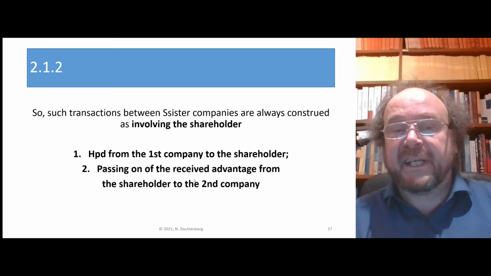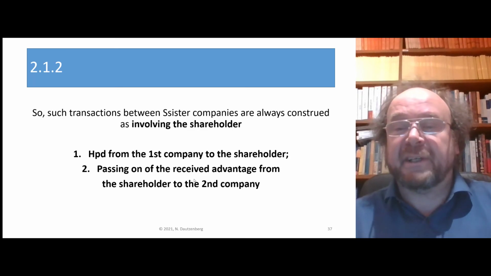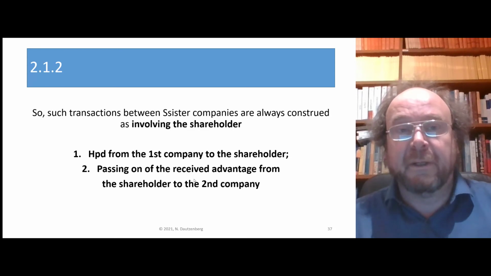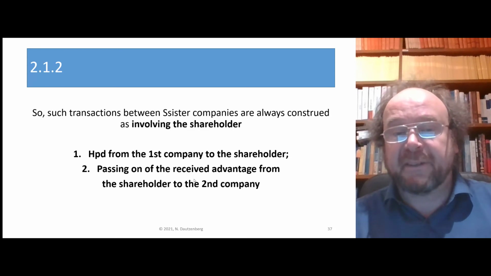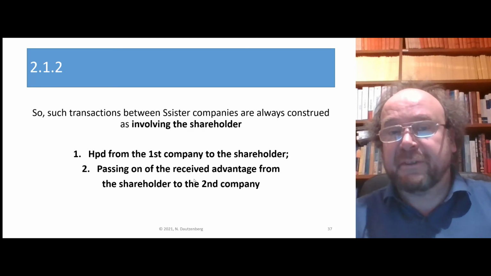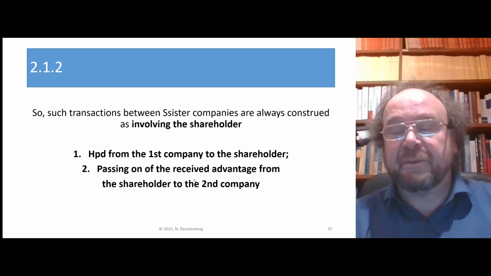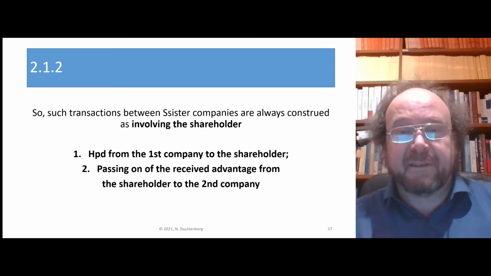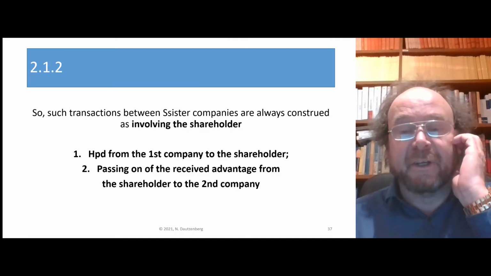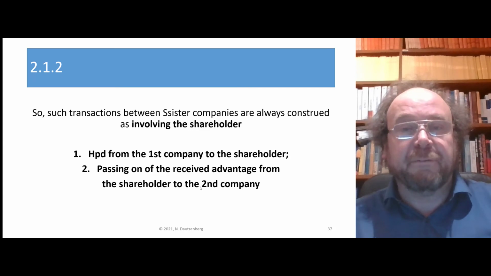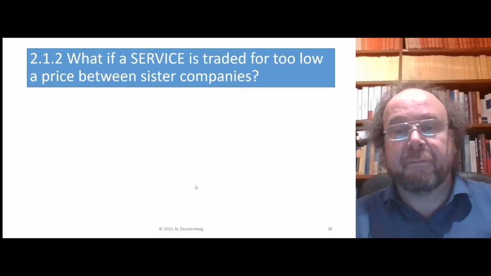So transactions between sister companies are always construed as involving the shareholder, at least that's the German perspective. So you have a hidden profit distribution from the one company to the shareholder, and a logical second later, the shareholder passes on the received advantage to the second company, probably in form of a contribution.